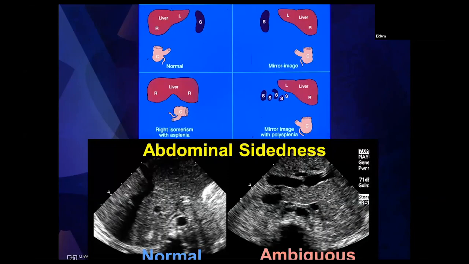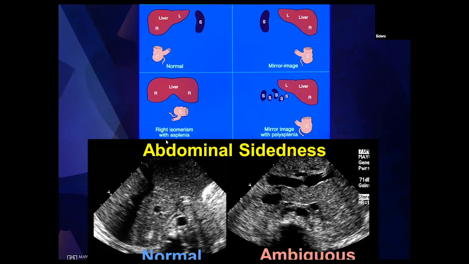Now, the next thing we need to consider is the sidedness of both the abdominal viscera as well as the atria. When we look at the abdomen, the normal situs is with a liver to the right side of the abdomen, a spleen to the left side, and the cecum of the bowel to the right side as well. If we have mirror image or situs inversus of the abdominal viscera, we'll have a liver to the left side, a spleen to the right side, and the cecum of the bowel over to the left side.